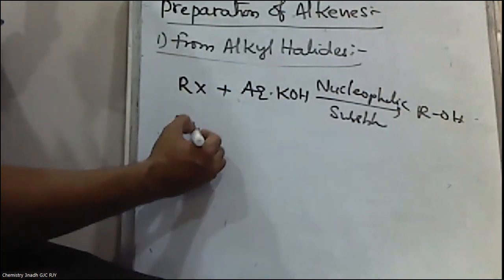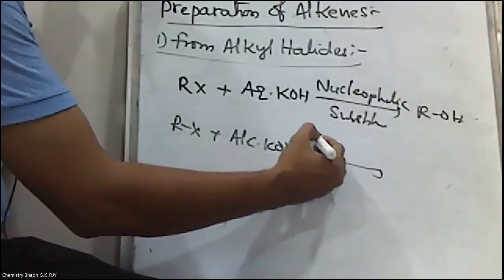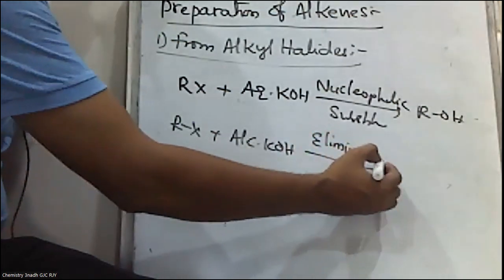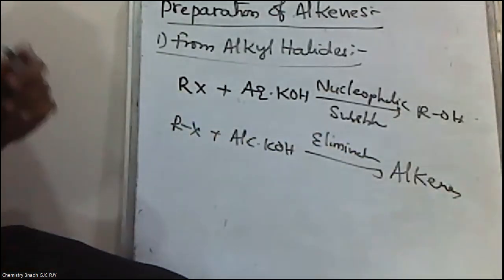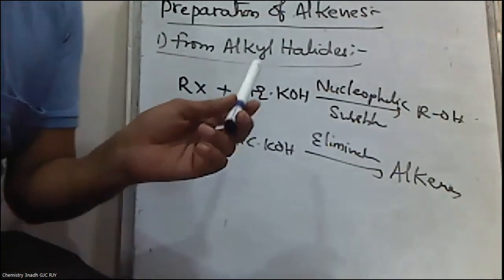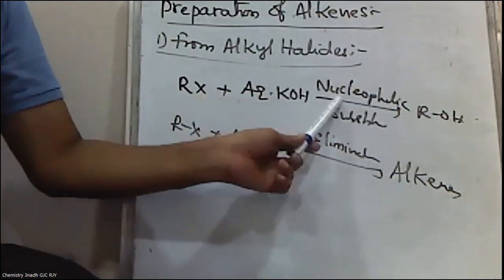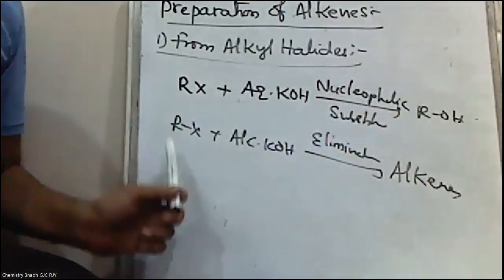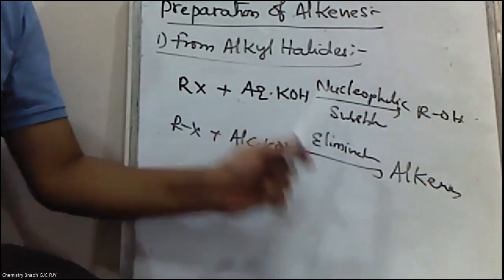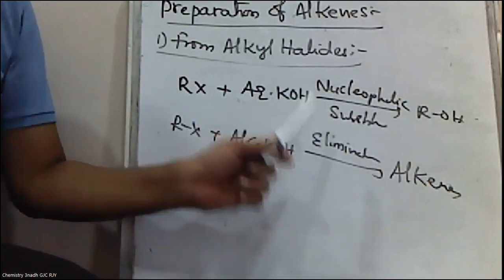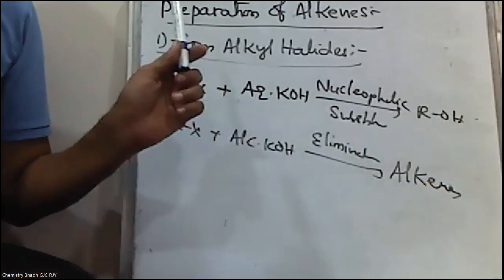The same alkyl halide, when treated with alcoholic KOH, undergoes an elimination reaction, that is removal of hydrogen halide, that is dehydrohalogenation, and alkenes are formed.